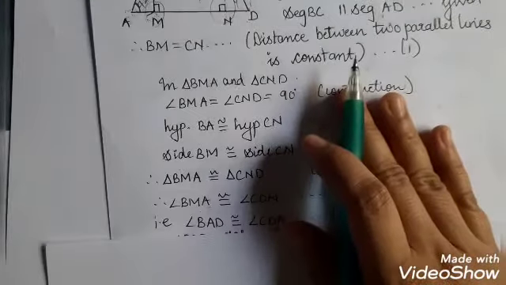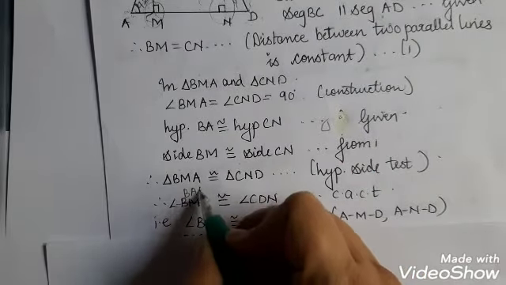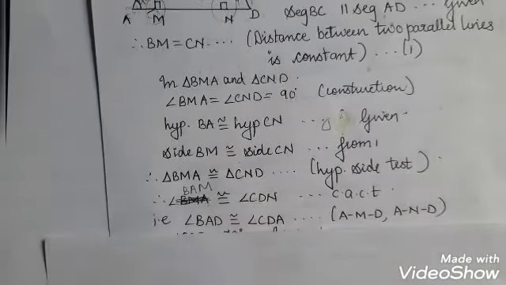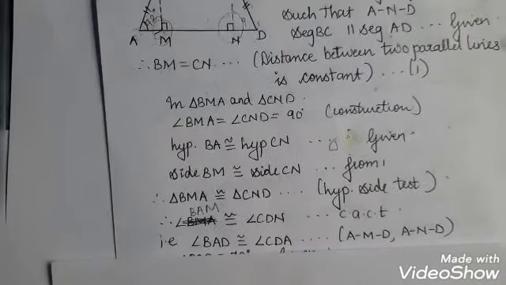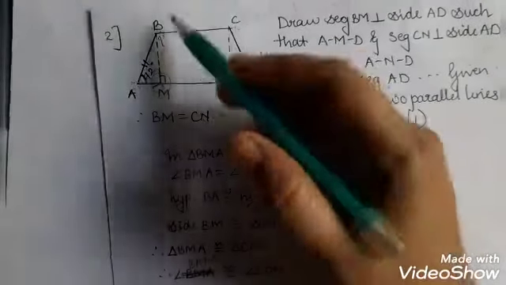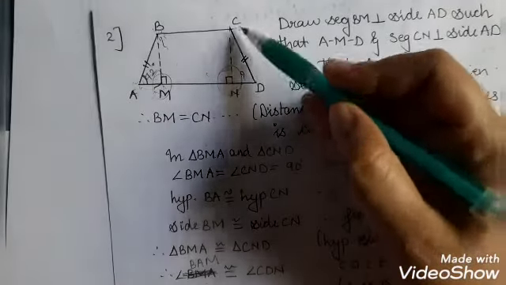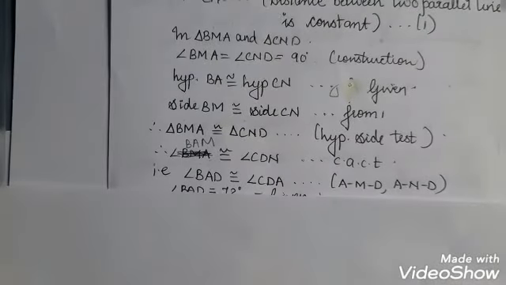Sorry, it is BAM. BAM is congruent to angle CDN, but angle BAM lies inside the angle BAD. Okay, so in place of BAM, I will write BAD, and CDN lies inside the angle CDA. So in place of CDN, I write CDA.